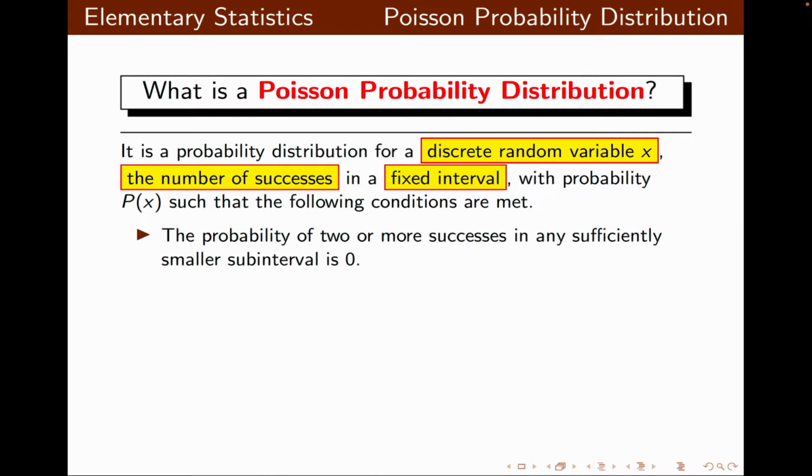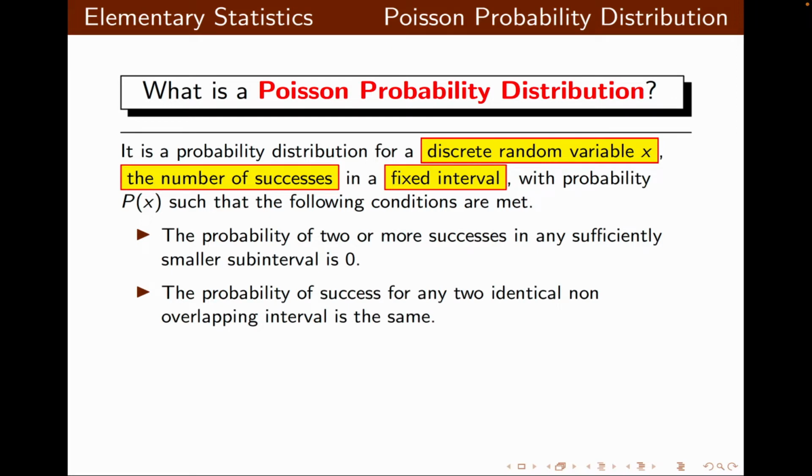The probability of two or more successes in any small subinterval is 0. The probability of success for any two identical, however, non-overlapping intervals is the same.